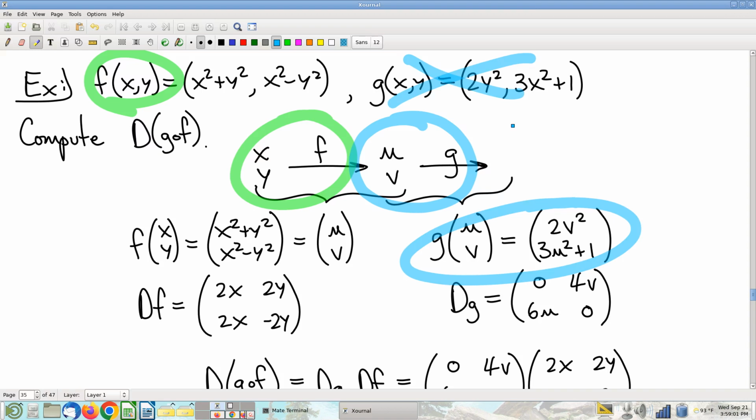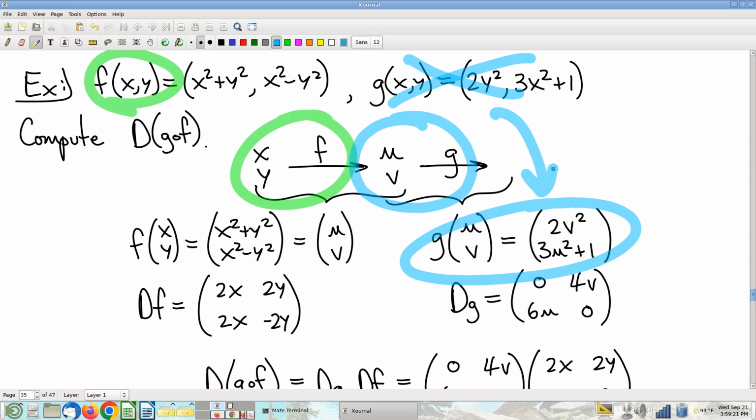So we just need to rewrite g, same exact function, just instead of in terms of dummy variables x and y, now they're in terms of dummy variables u and v. Otherwise identical as a function.